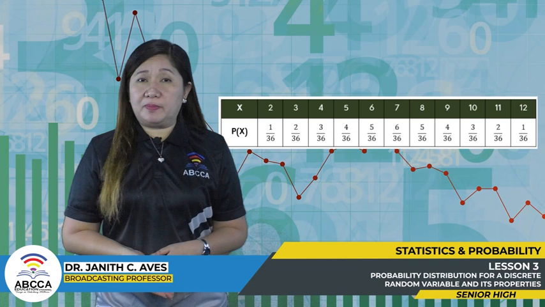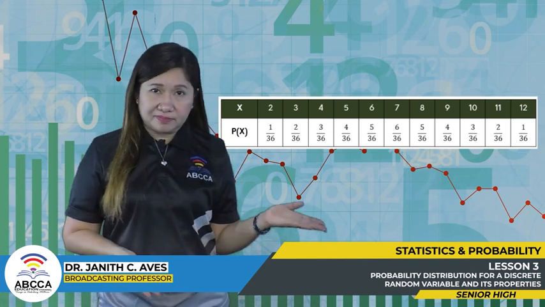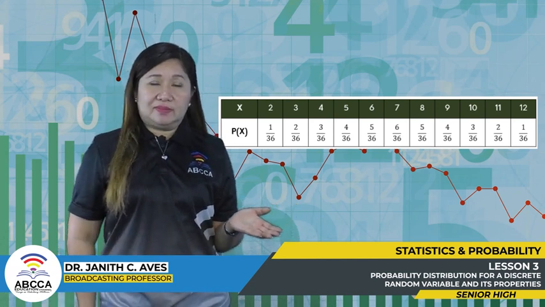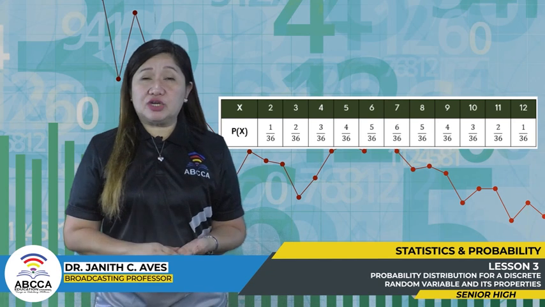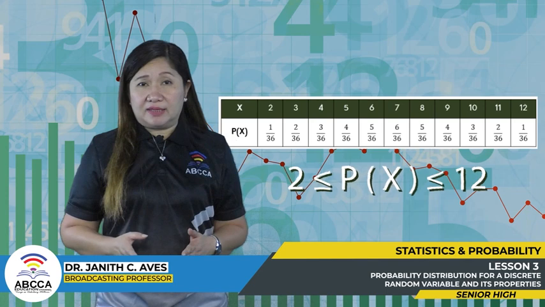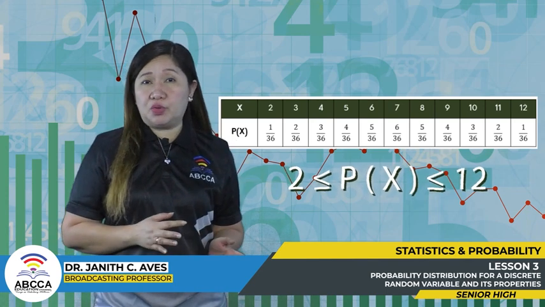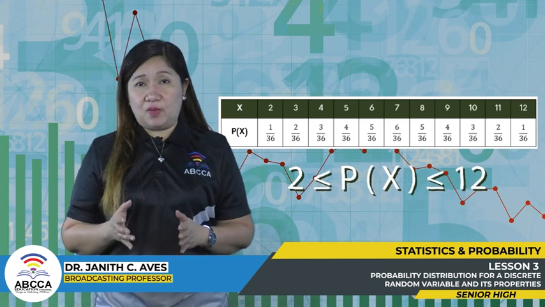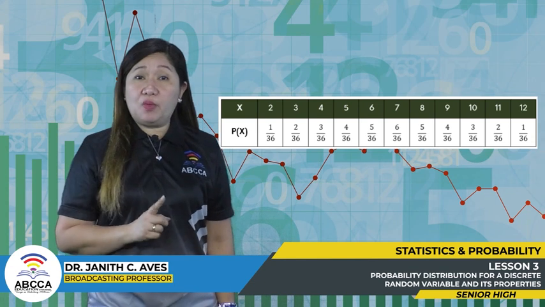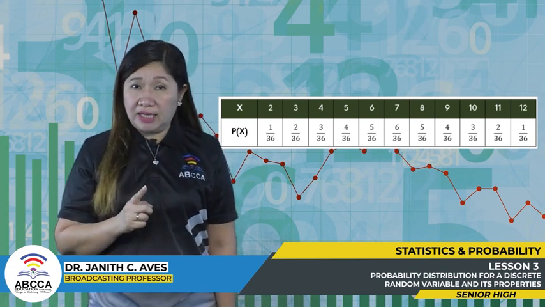The discrete probability distribution is shown in this table. The range of the variable x is from 2 to 12, that is, the probability is greater than or equal to 2 and less than or equal to 12. Now, as we can see, there is only one outcome that has a sum of 2.